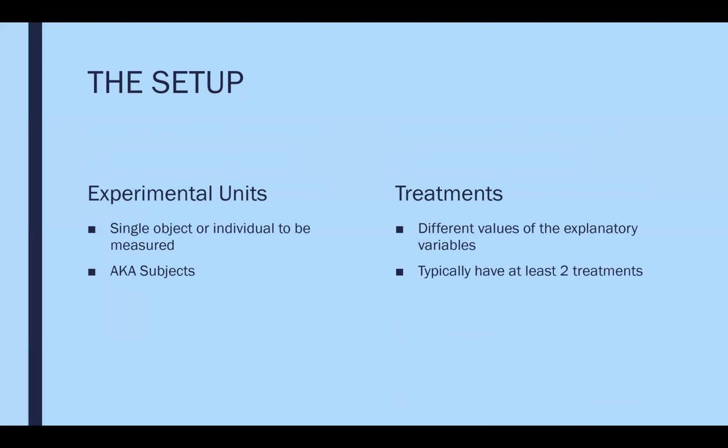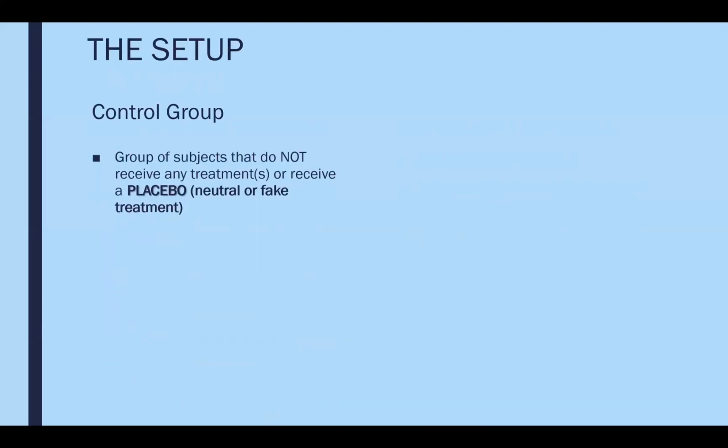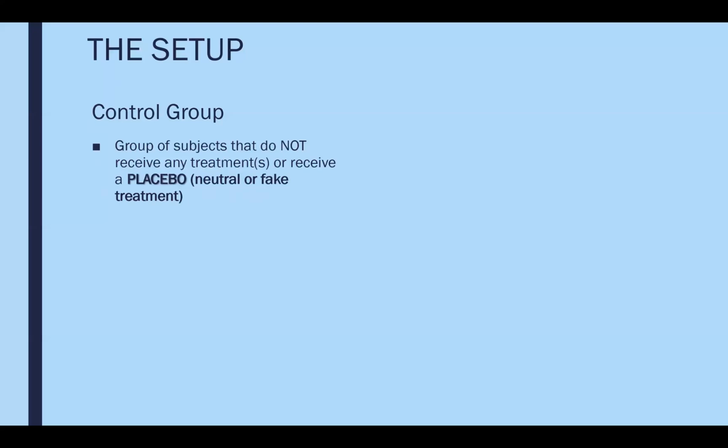And you typically would have at least two treatments. You like to have the placebo or the control group, that's not really getting anything. The control group is the group that doesn't receive any treatment, or they get the placebo, which gives you the baseline to begin to make comparisons.